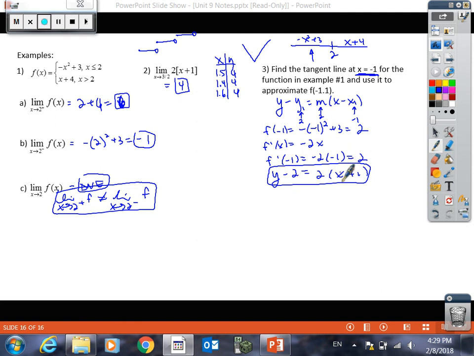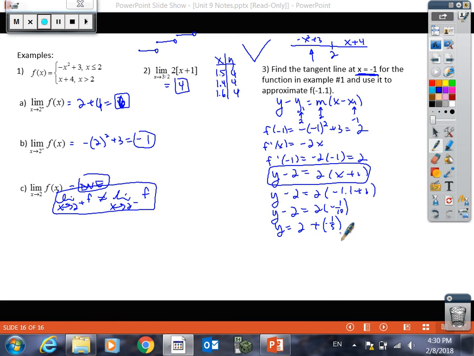Let's plug in a -1.1 right here. So we have y minus 2 equals 2 times -1.1 plus 1. So let's continue. Let's just solve for y and see how we're going to go. So -1.1 plus 1 is -0.1, or -1/10. So y is going to be 2, we'll move that over, plus 2 times -1/10, which would be -2/10 or -1/5.